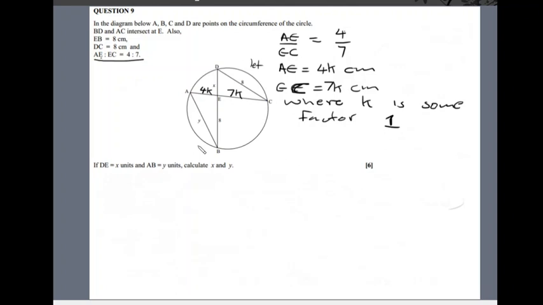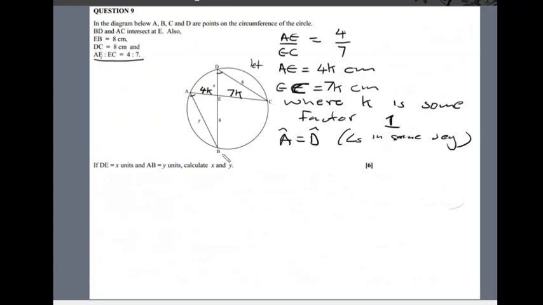Right. So in order to proceed, we need to show that these two triangles are similar. Triangle DEC and triangle ABE are similar. We need to prove that. So I'll say angle A is equal to angle D. Why? Those are angles in the same segment. Those two are angles in the same segment.